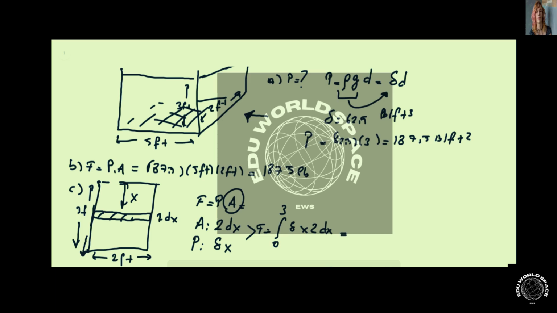From this we see that force would be lambda x squared from 0 to 3. That would be lambda times 9 minus lambda times 0, so that is 9 lambda, where we know that lambda is again 62.5 pounds per feet cubed for water. So we find then the answer to be 562.5 pounds.